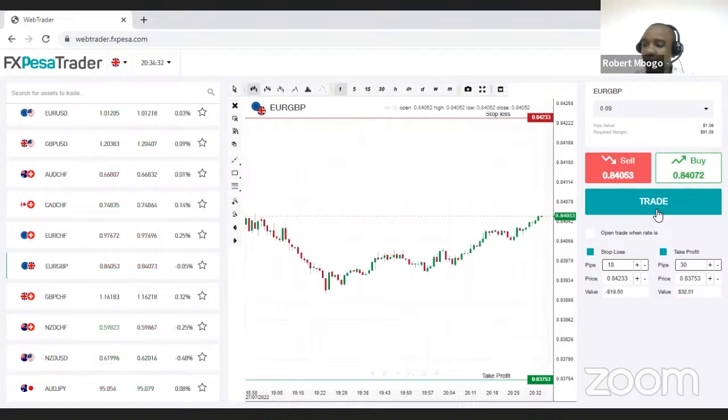Exactly. So guys, as we summarize, the ATR does not show direction in any way. It's basically to show you volatility in the market. In case of a consolidation, you'll realize that there's low volatility and the ATR will normally be falling, but there are some situations when it's not.